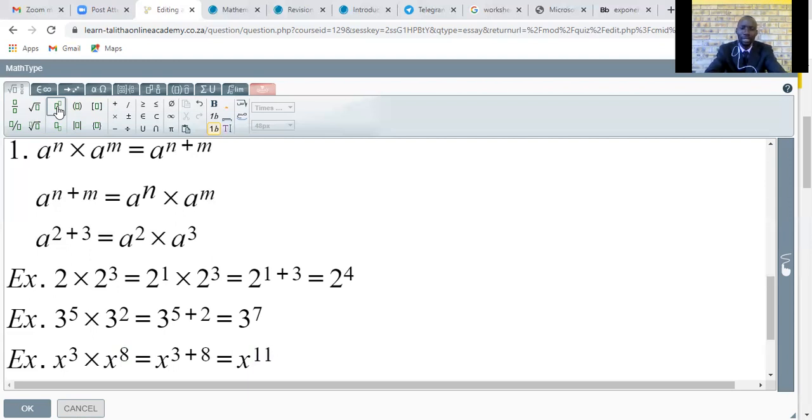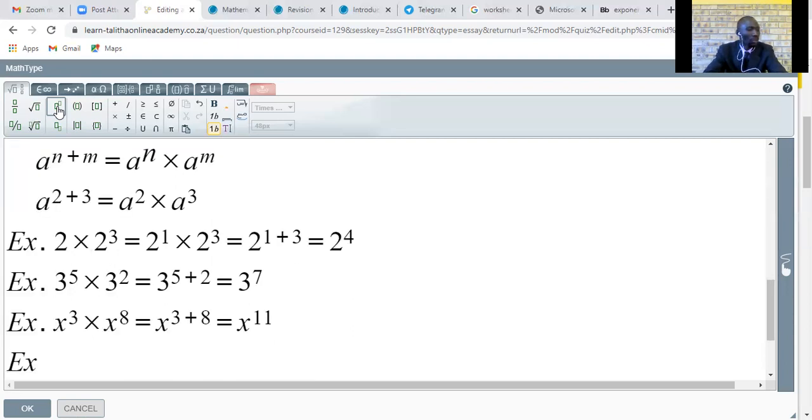And maybe one more example. In this next example, we want to deal with a letter also. This time it is n. So we have n raised to the power of 2 times n raised to the power of 10.